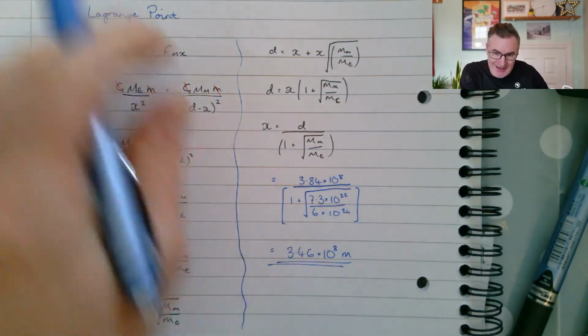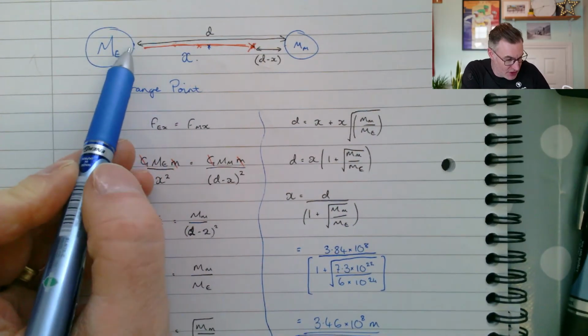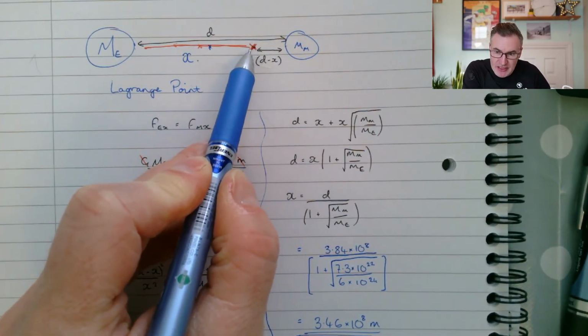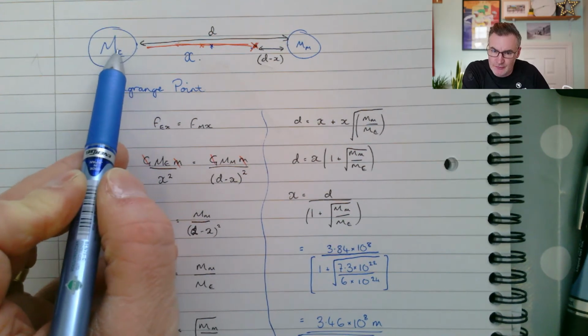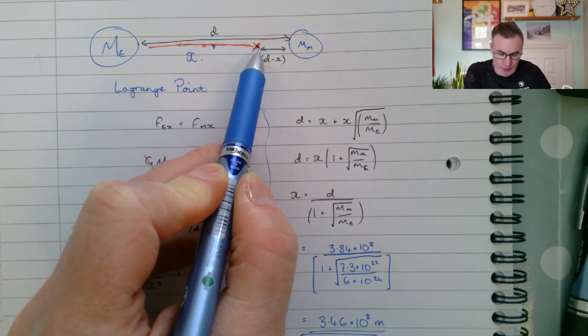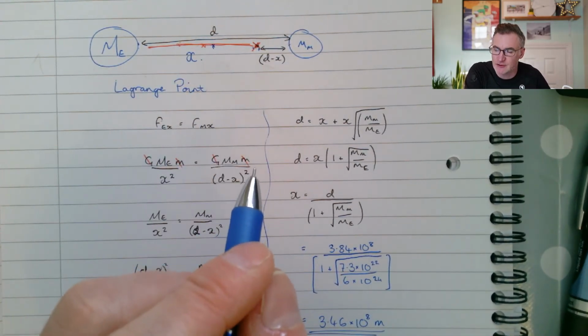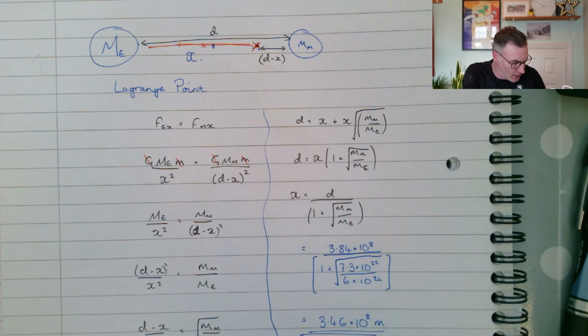And so at a distance of 3.46 times 10 to the power of 8 meters from the centre of the Earth, we would have a point where there would be no net gravitational force on this.